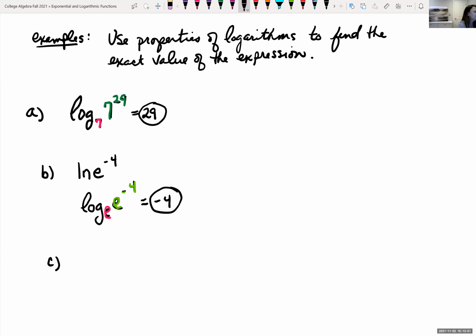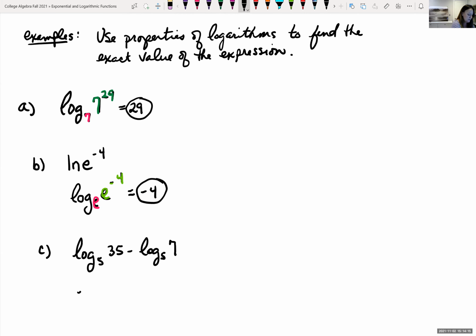For the other ones here, we have log base 5 of 35 minus log base 5 of 7. So if we have subtraction in between two logs that have the same base, we can rewrite this as a single log. So we can rewrite this as log base 5 of 35 divided by 7.